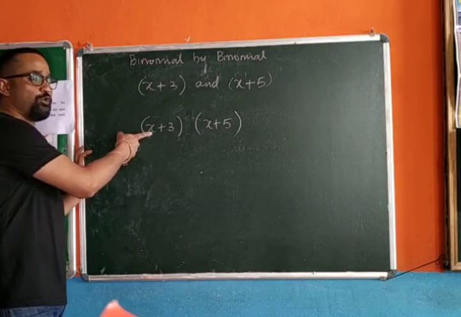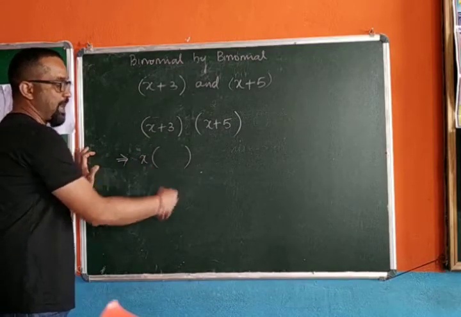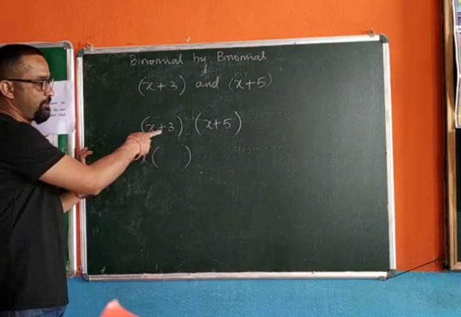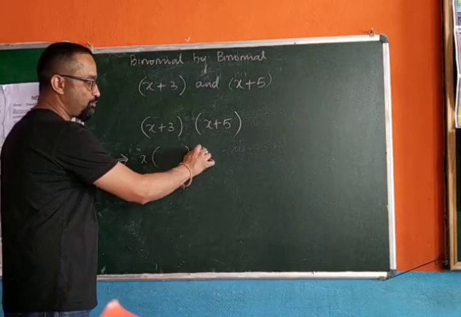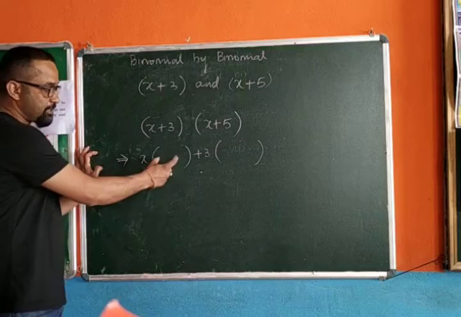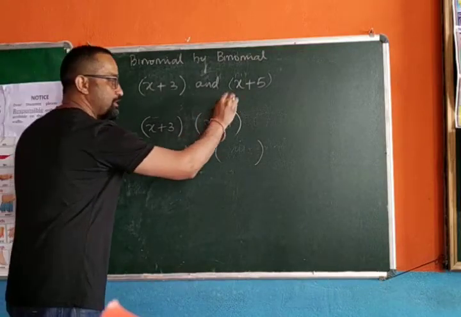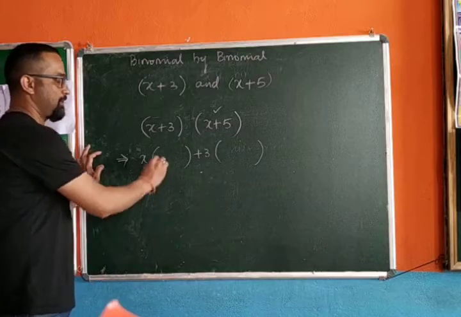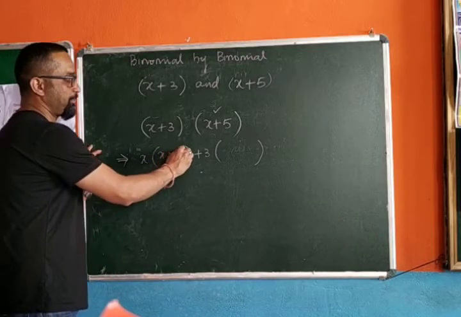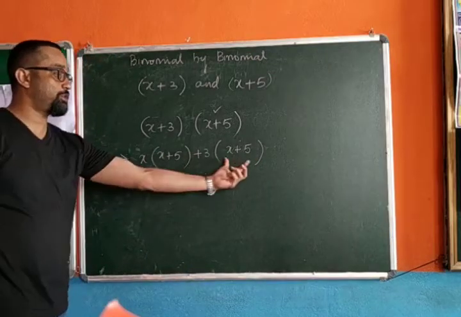You write the first term, put bracket. You have plus sign, so you copy plus 3, again bracket. Inside these two empty bracket, you need to write down the second term, x plus 5, x plus 5. In both terms you copy.